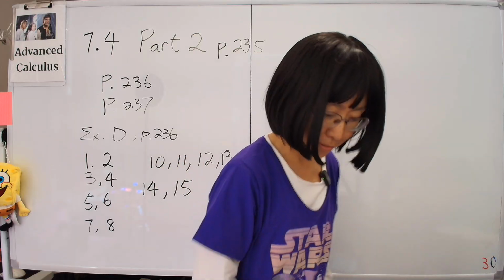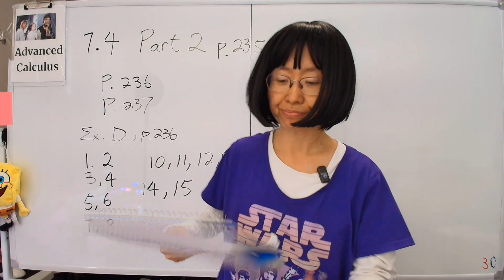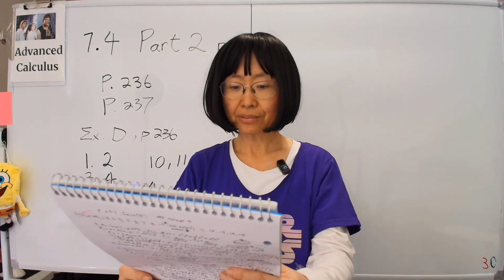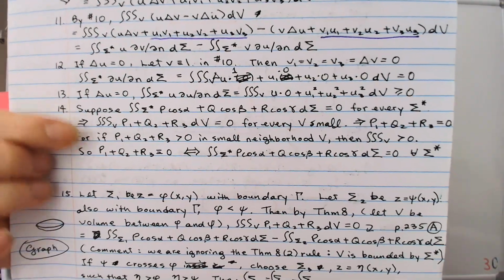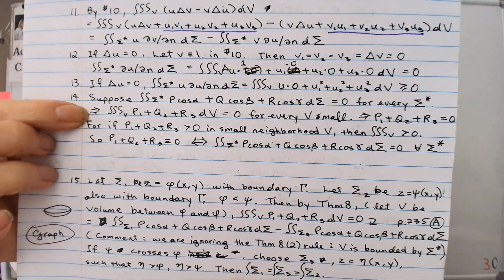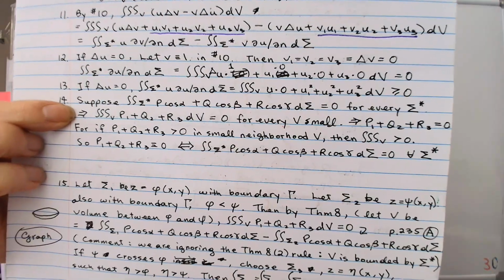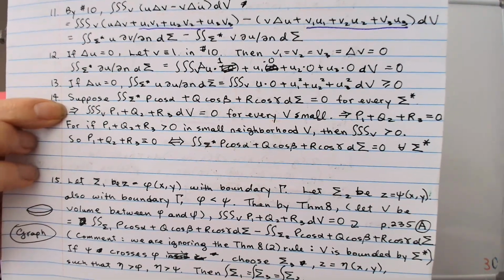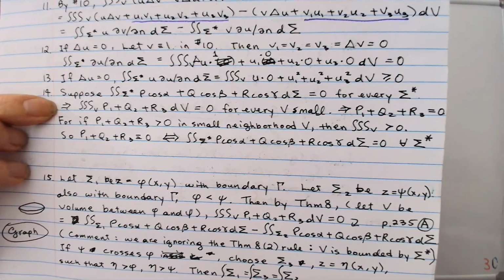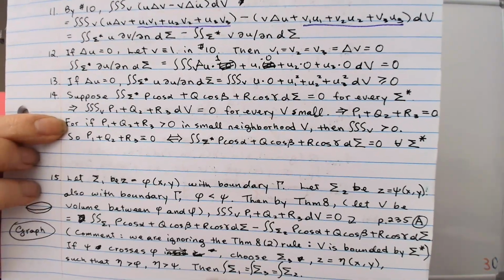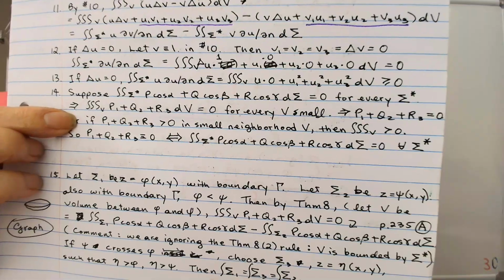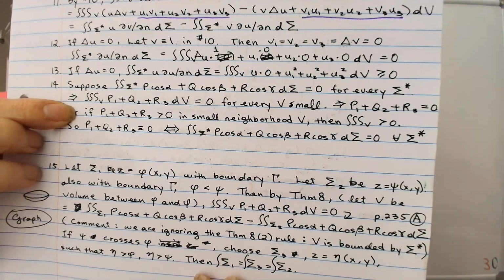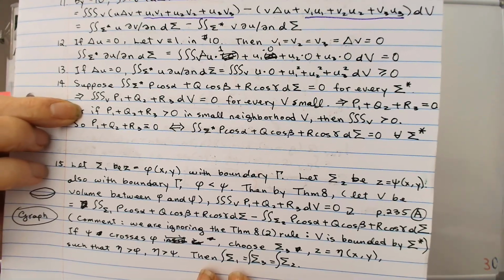Now to prove that, suppose the surface integral is 0 for every sigma star, okay, which means the triple integral over volume will be 0 for every volume no matter how small it is. And that means P1 plus Q2 plus R3 has to be 0, because let's say it isn't, okay, let's say it's bigger than 0 in some small 3D neighborhood, a small volume where the triple integral is bigger than 0.